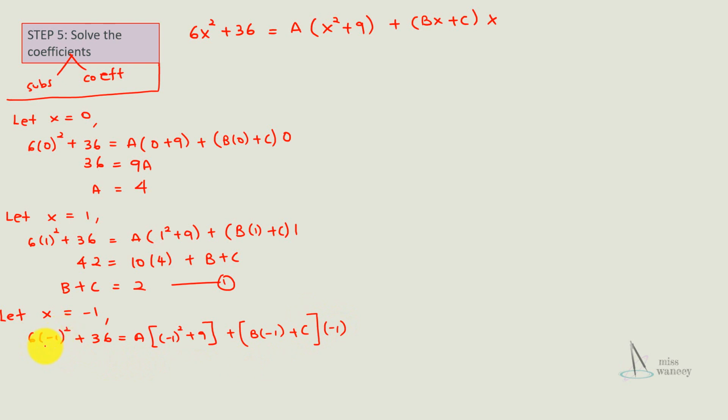So this is 6 plus 36, so this is 42 equal to -1 with a squared, so that is +1. So this is 10a again, and then plus, so negative b times -1, so this is +b, c times -1, so this is -c. So we got 2 equal to b minus c, so that is the second equation.